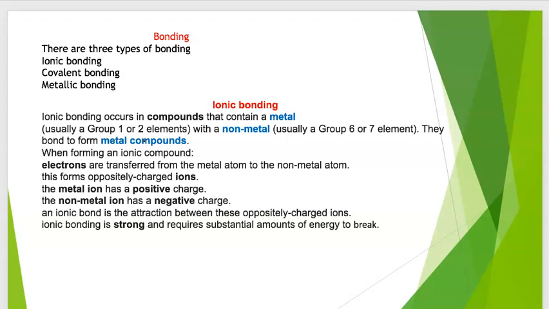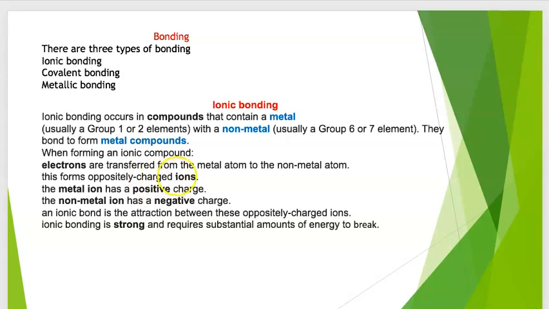Let's look at how the bonding comes about. Now, when forming an ionic compound, electrons are transferred from the metal atom to the non-metal atom. Okay, so electrons will be transferred from the metal, and the non-metal will receive the electrons, and therefore the metal will be positively charged and the non-metal will be negatively charged.